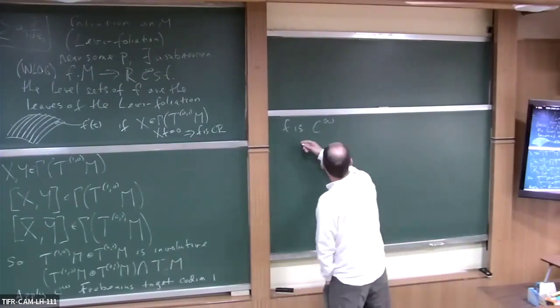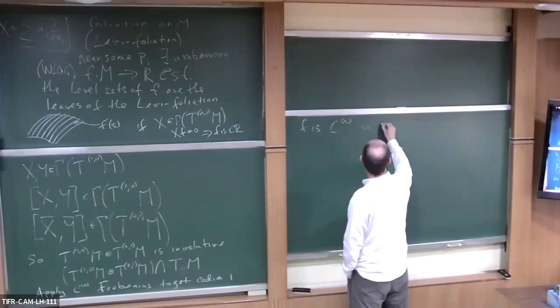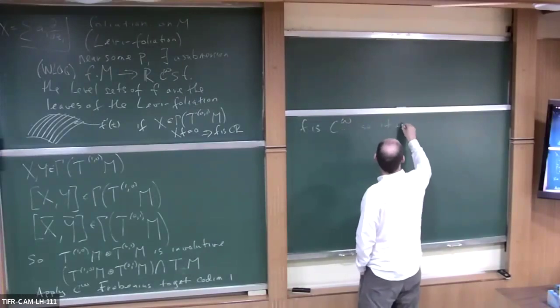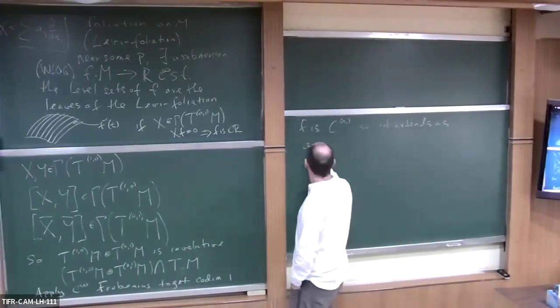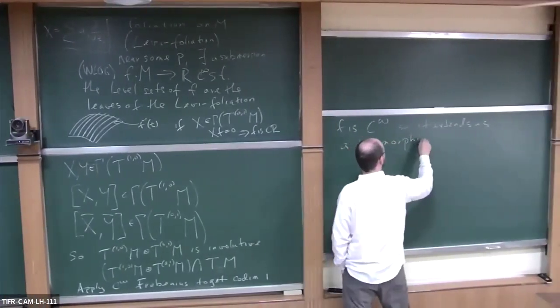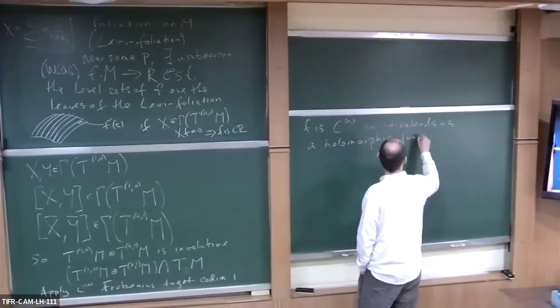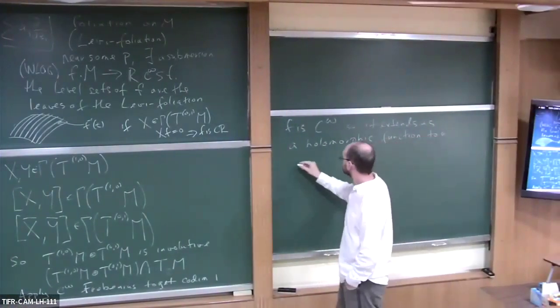But F is in omega, so it extends as a holomorphic function to a neighborhood.